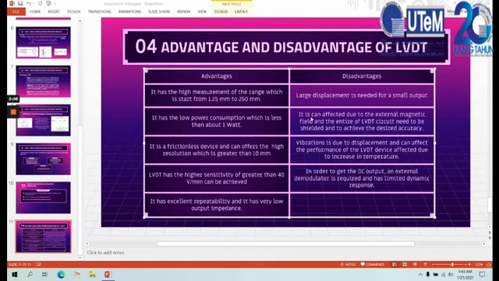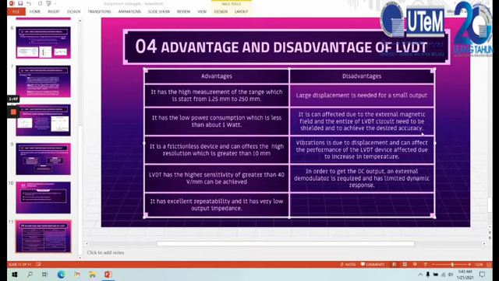Second, it can be affected by external magnetic fields, and the entire LVDT circuit needs to be shielded to achieve the desired accuracy.